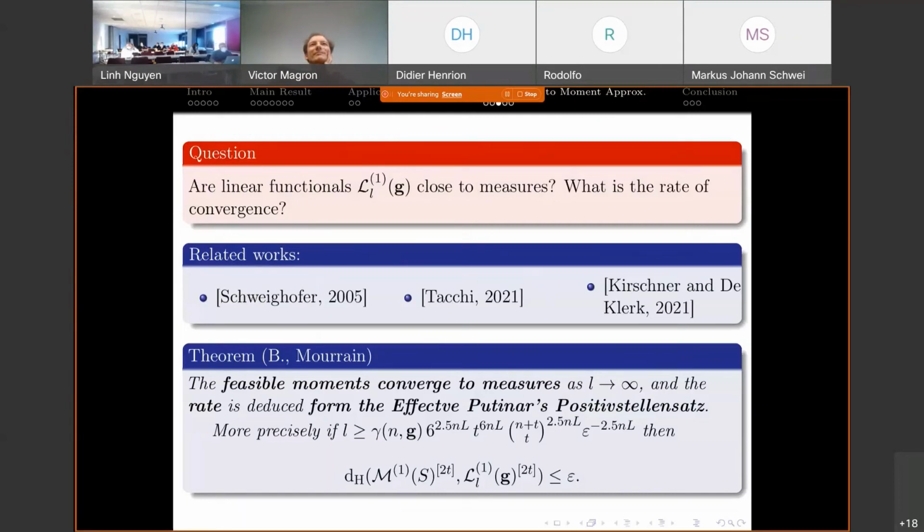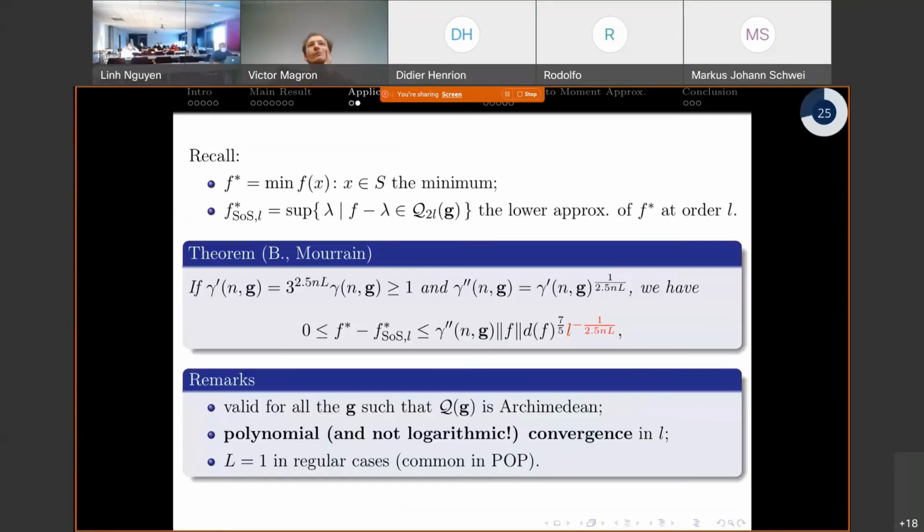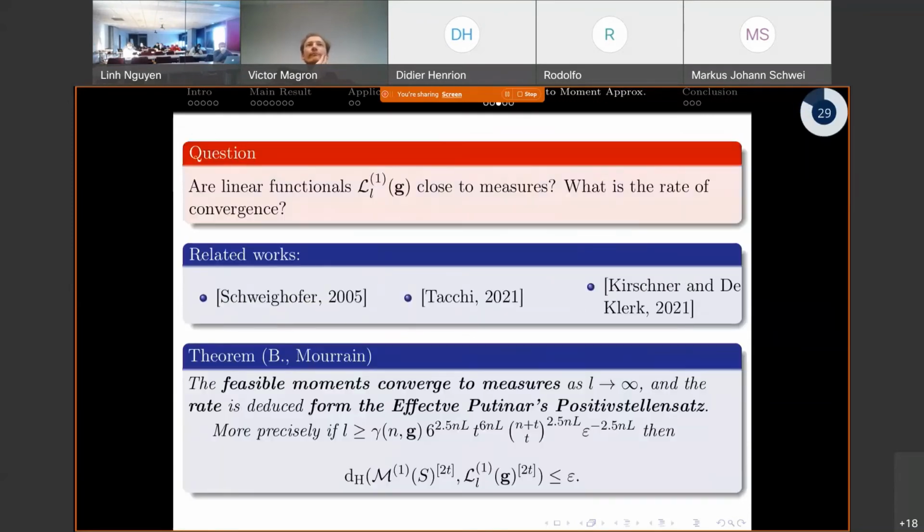Okay. Thank you. There are two different things. There is the convergence in value, which is valid also for the moment relaxation. If we are in the Archimedean case, this is equal to the moment one when you add the ball constraint, by strong duality, or the result of Didier and Jost. So you don't have any duality gap here in value, but these results are about the distance between moment sequences.